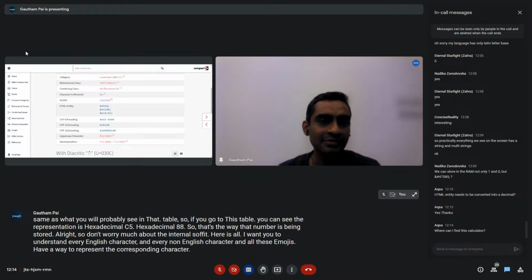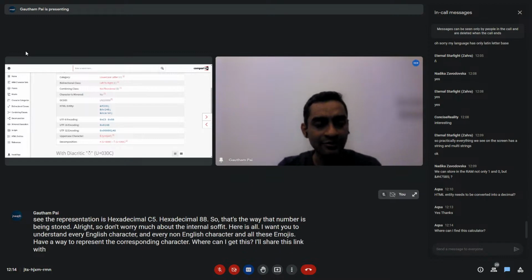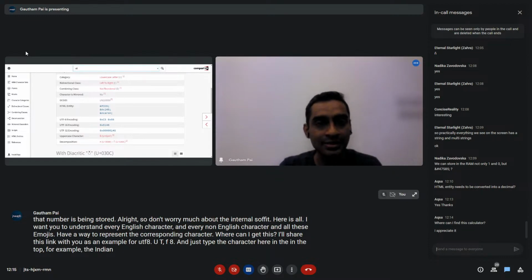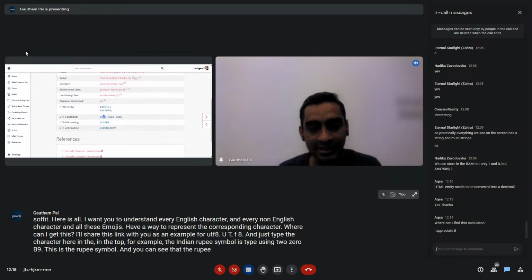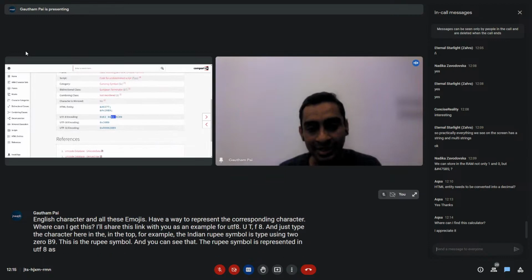Where can I get this? I'll share this link with you as an example for UTF-8. Just type the character here at the top. For example, the Indian rupee symbol is typed using 20B9. This is the rupee symbol. And you can see that the rupee symbol is represented in UTF-8 as E282B9.